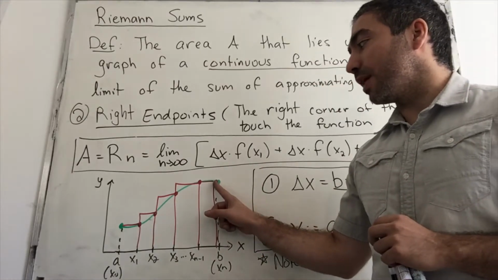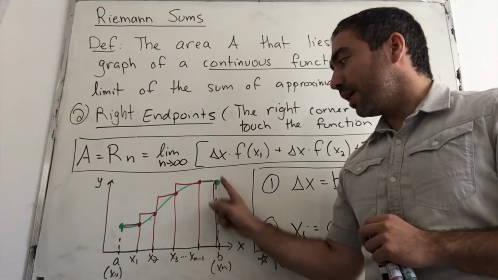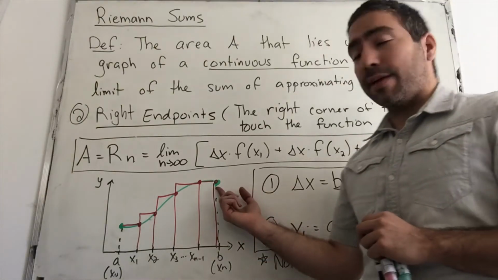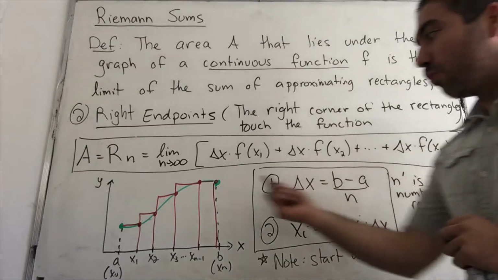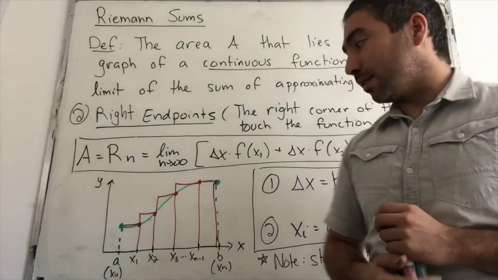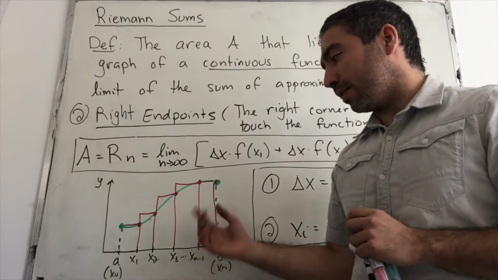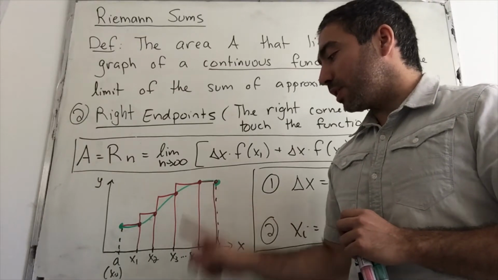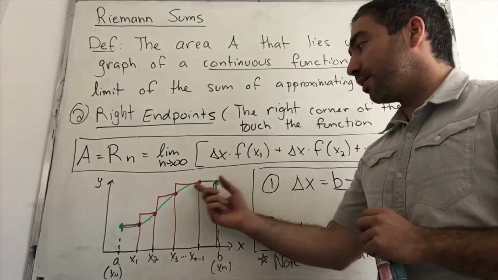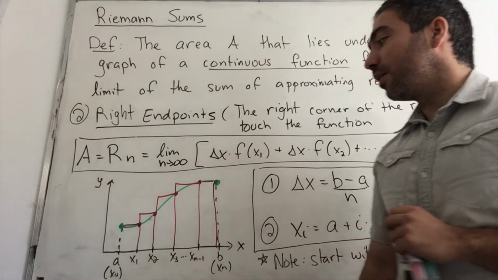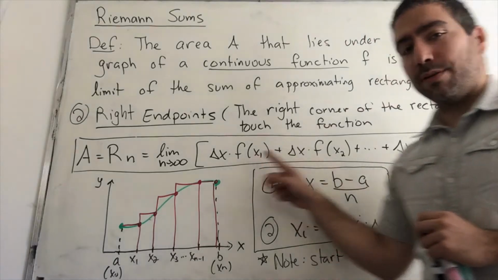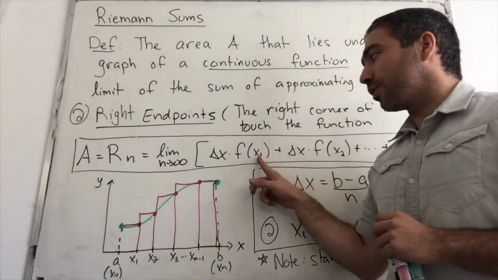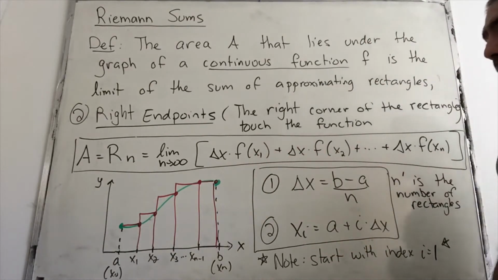Notice at xn, the right endpoint of the rectangle hits the function, whereas for the left endpoint, we had to stop at x subscript n minus 1, 1 before the last endpoint, because the last left endpoint to hit the function was at xn minus 1, whereas here the last endpoint is at xn. Okay, so keep that in mind. For a right endpoint, you're starting with index 1 and you finish at n, whereas left endpoint, you start at 0 and you finish 1 less at n minus 1.